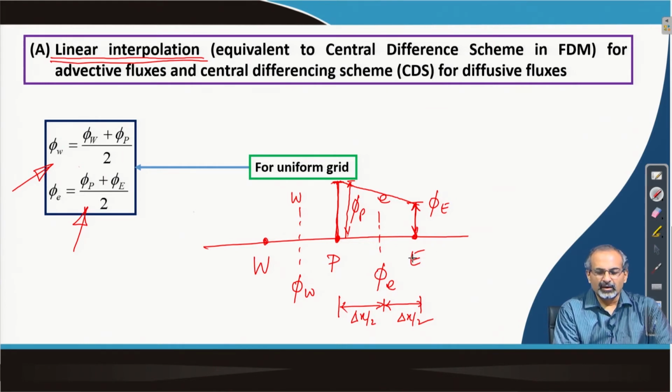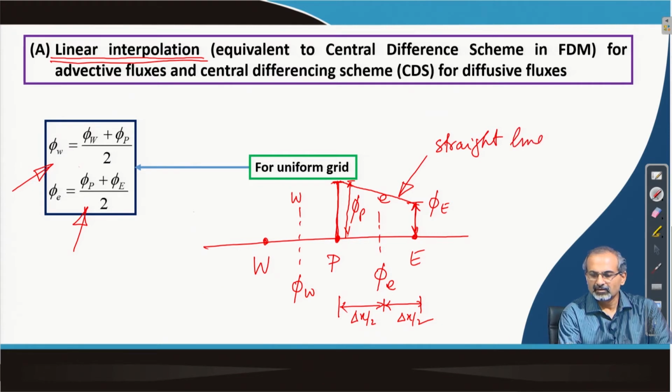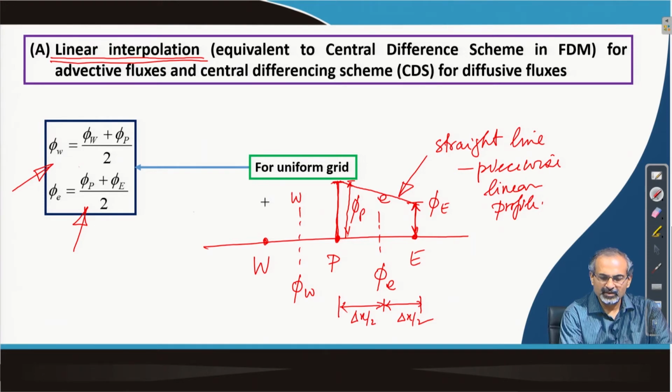So, we find that whether it is equal or unequal distances, we are essentially connecting a straight line, and that essentially means piecewise linear profile. Similarly, if phi w is indicated by this height, for example, we would again join a straight line here and define phi small w this way. So, this is the strategy of linear interpolation.